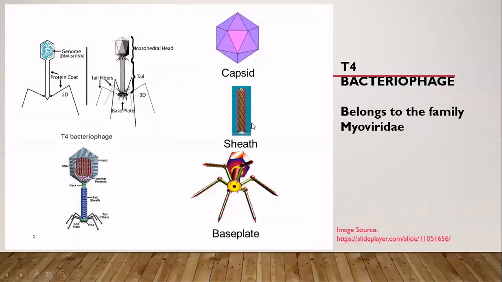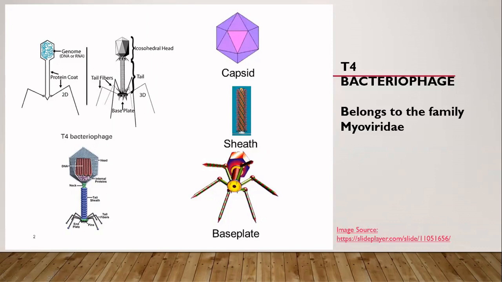The head is icosahedral, which means that it has 20 faces and 30 edges. The head is made up of an outer covering called the capsid, and this capsid is made up of protein units which are called capsomeres.